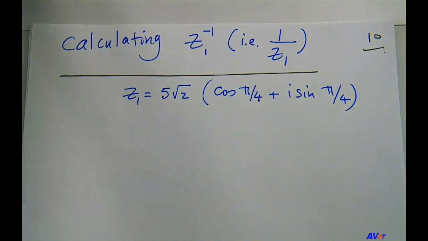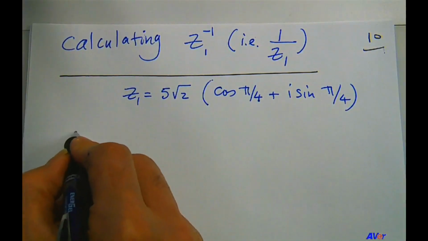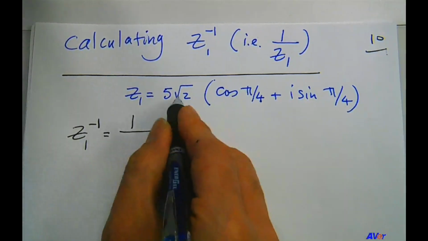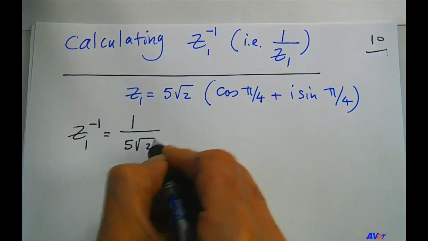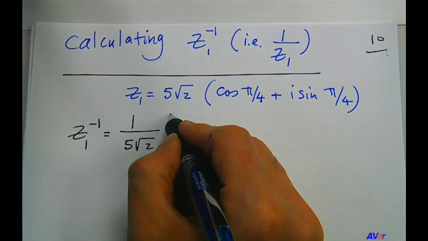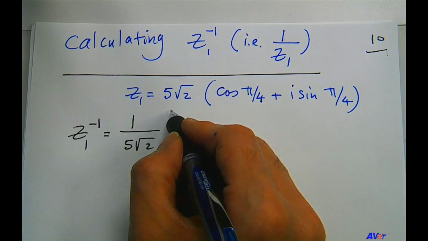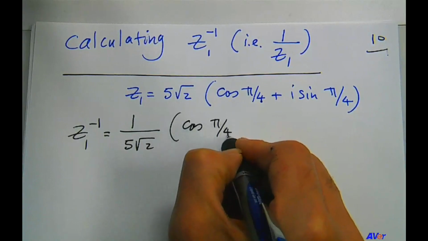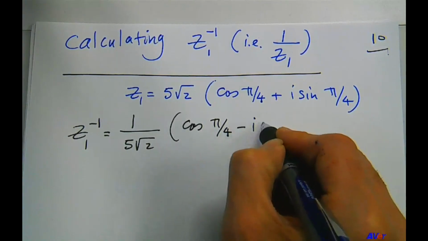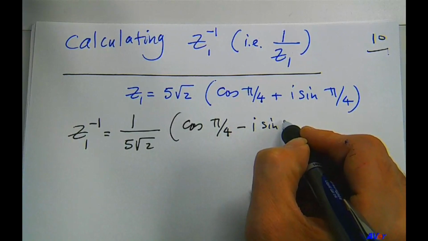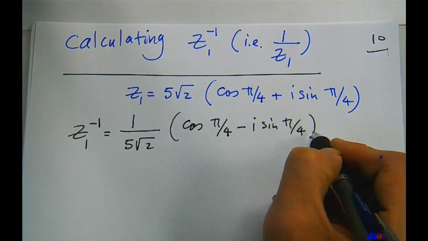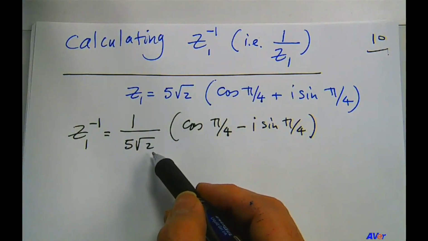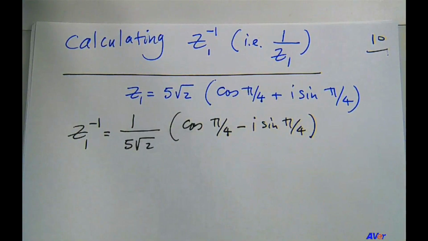And we have z1 inverse is equal to 1 over 5 square root of 2 times, of course, cosine of pi over 4 minus i sine pi over 4. But I don't want to leave it like this because we need to rationalize this piece, right?